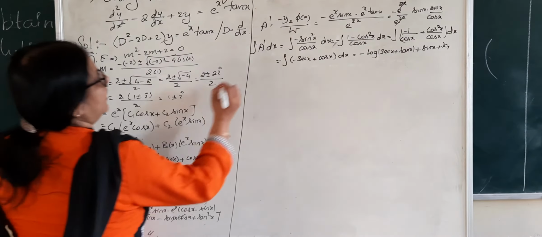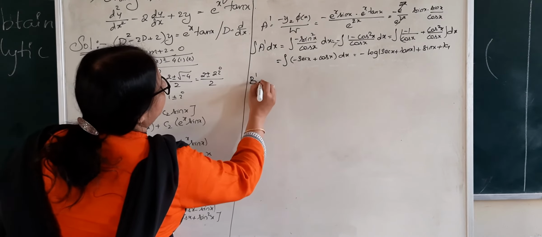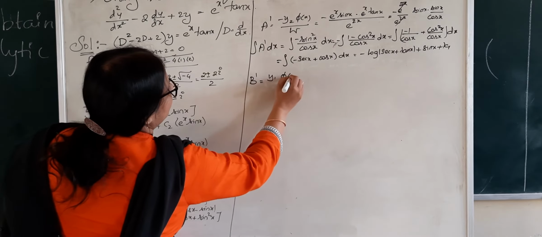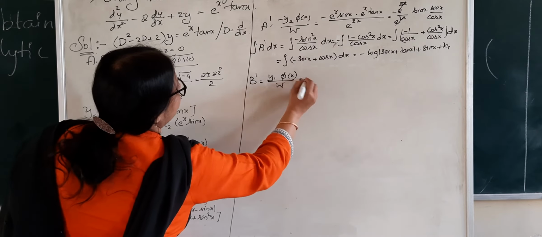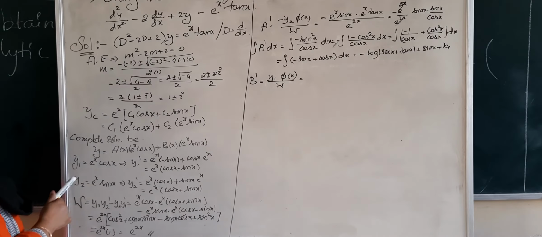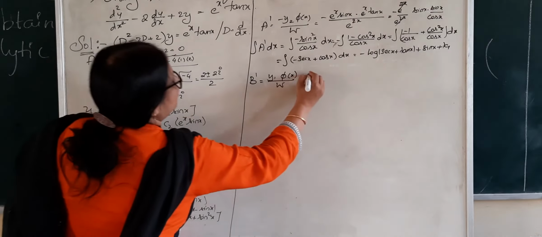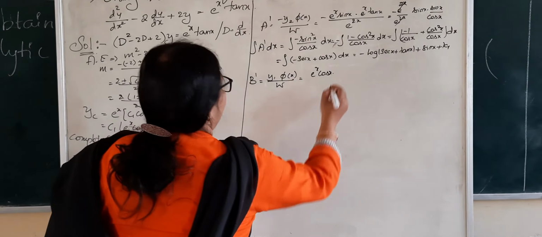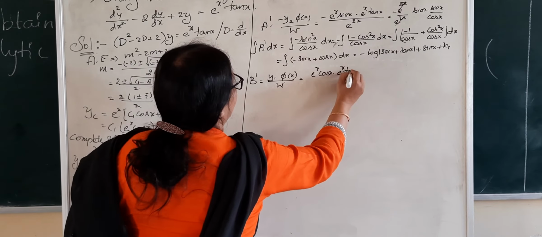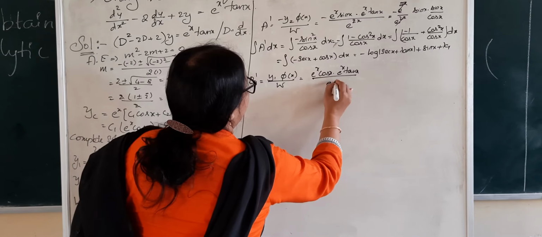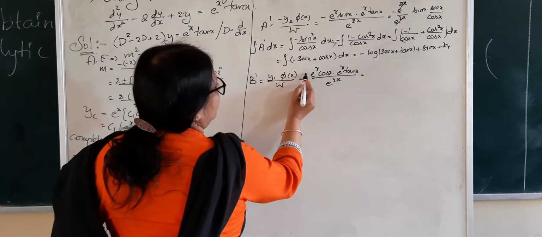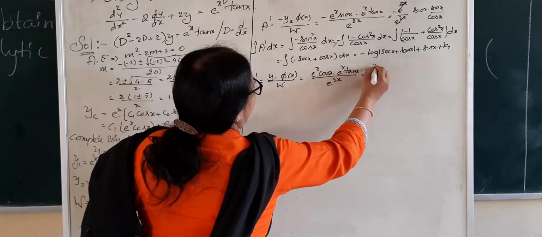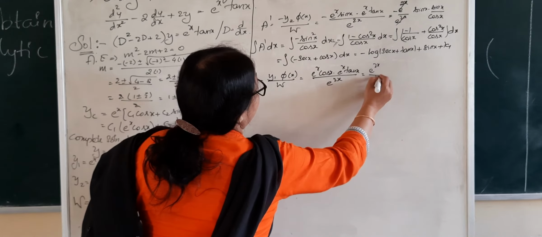Now let us find what is b by taking the formula for b dash, that is equal to y1 phi of x divided by w. What is our y1? Our y1 is e power x cos x. So e power x cos x into phi of x, e power x tan x, divided by e power 2x. Again here e power 2x gets cut. Let me take another step and then show you.